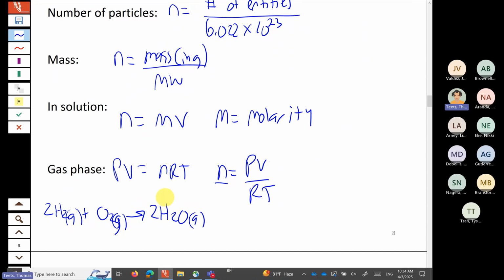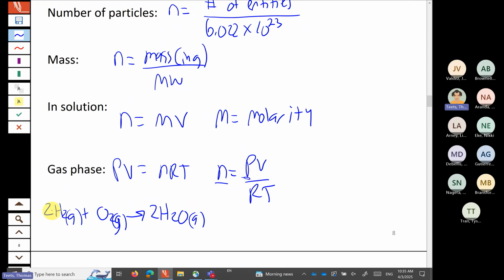So for gas phase stoichiometry, when all the reactants and products are gases, the mole ratios are also equal to the volume ratios at which they react. That was kind of another statement of Avogadro's law that we covered earlier. So sometimes you can simplify the problem because you can do things directly in volume units without having to convert to moles all the time. Or, as we'll learn a little bit later today, you can define what are called partial pressures, which are the individual pressures of gases in a mixture.